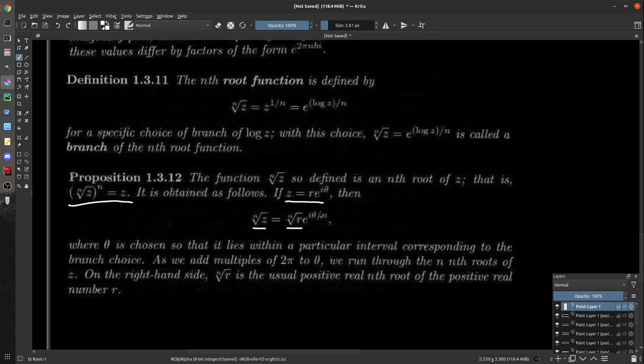And then you just divide that theta by n. And this is relative to having theta chosen to lie within a particular interval corresponding to your choice of branch. That is, you're adding multiples of 2 pi to theta, and you run through the nth roots of z, and that's that.